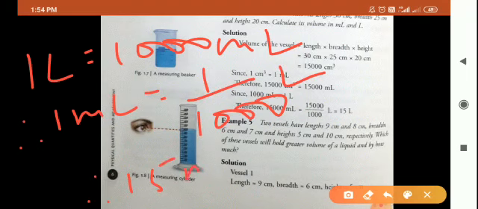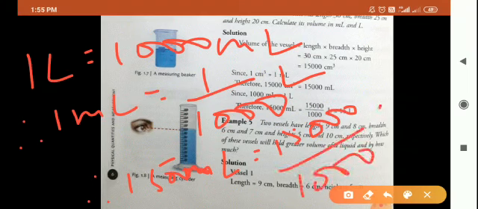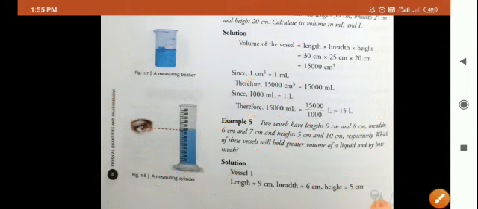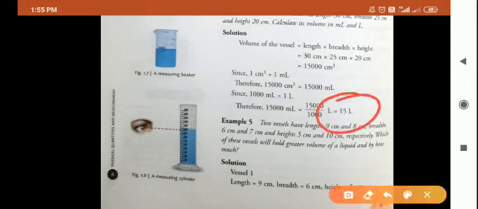Therefore 15,000 ml is equals to 15,000 upon 1000 liter. Okay, these zeros will get cancelled. So we are left with 15 liter. Children, is this clear to you?